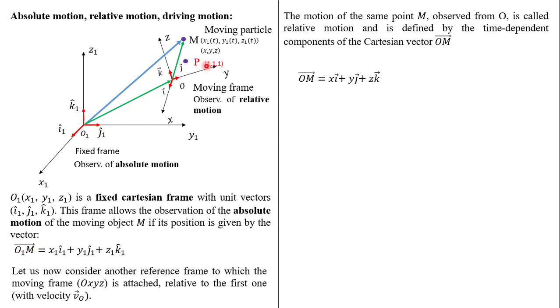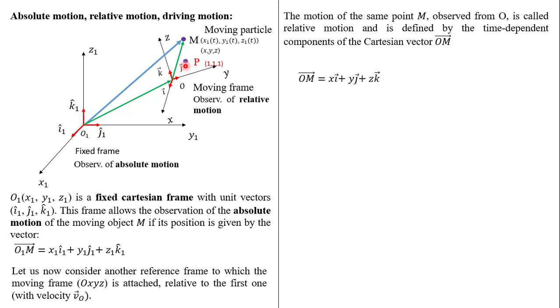Let's now take a fixed point in the frame OXYZ, like the point P, that has as coordinates 1, 1, 1. So P is a fixed point in the moving frame. This is a point that is not moving in the moving frame.